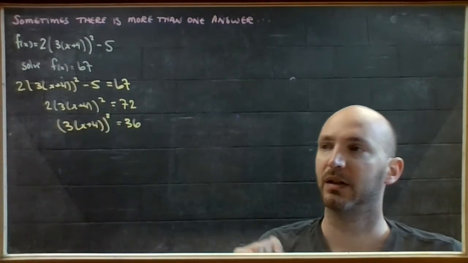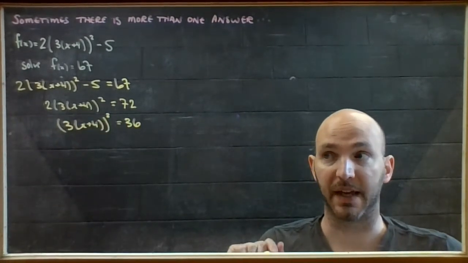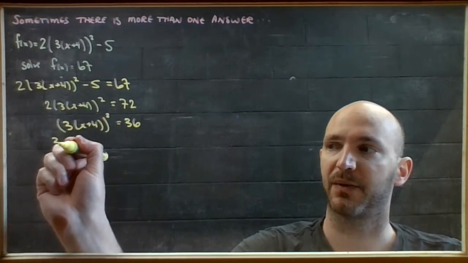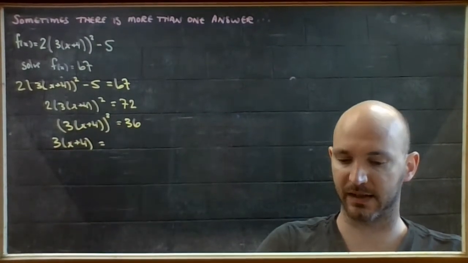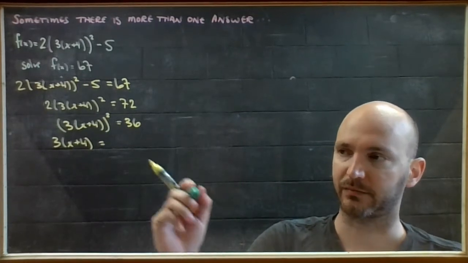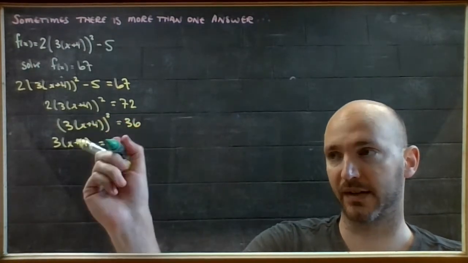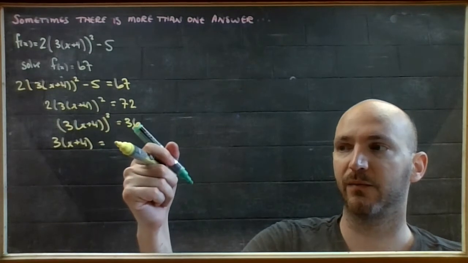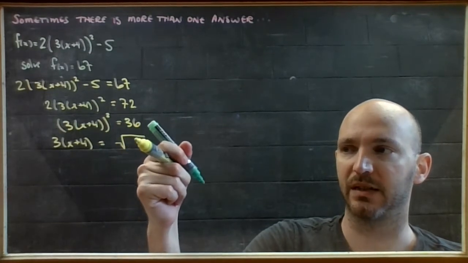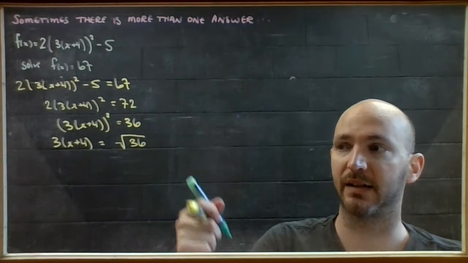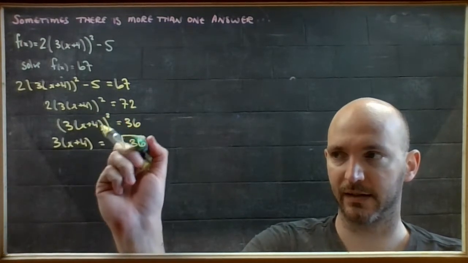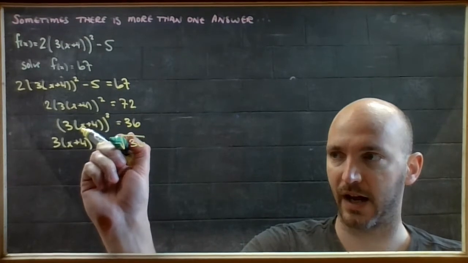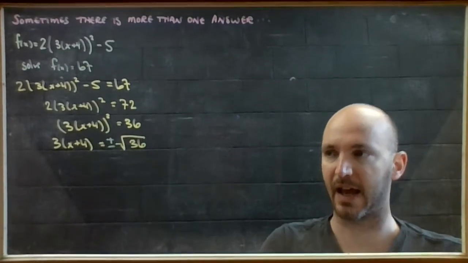squared. Next step is to summon the antifunction for square, so 3 times (x plus 4). And this is where it gets tricky, this line right here, is that the antifunction for x squared feels like it should be 36, and it is, but not quite. In order to get the proper antifunction pair here, I have to consider both plus and minus.